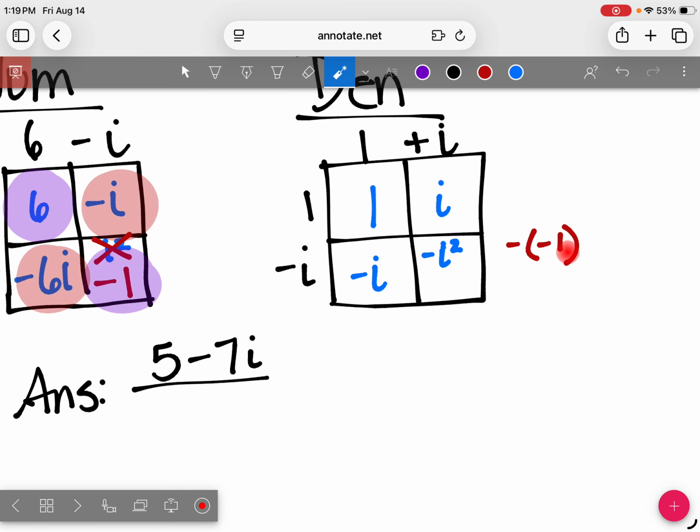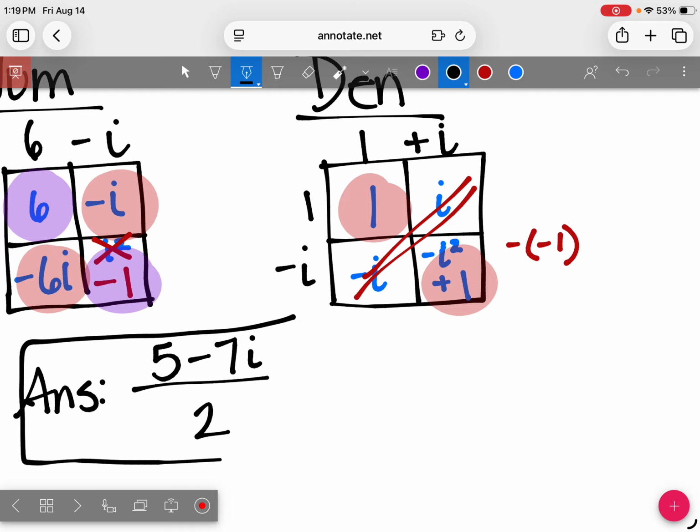So what do you think this is going to change to? Positive 1. All right, what do you notice happens when I add my imaginary terms? They cancel. That's the whole purpose. Anytime you multiply conjugates, the middle term cancels, which is what we were trying to do. So my denominator is simply 1 plus 1, which is 2. And this would be your answer on the test.